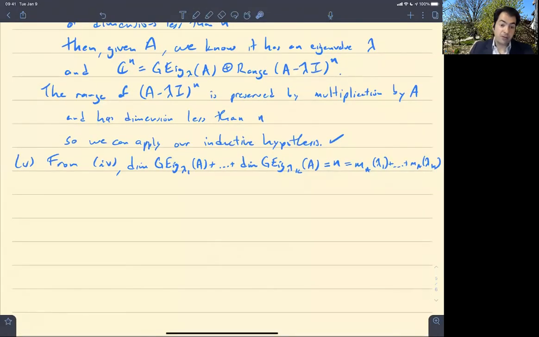But since we have an inequality, the dimension of the generalized eigenspace is at most the algebraic multiplicity, again just by thinking about the upper triangular case. Since they sum to the same n, they must actually be equal.